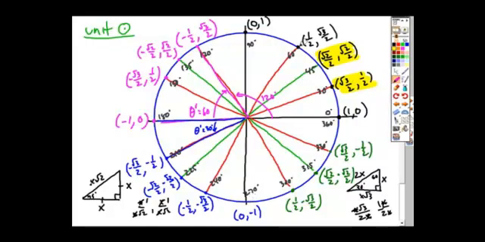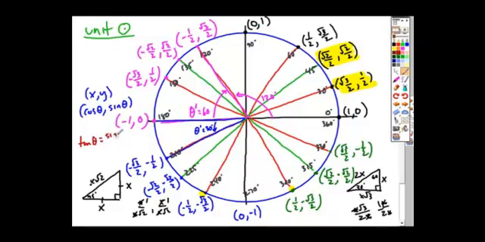Okay, and then all you need to do is find the pieces that are opposite them. So here, using the reference angle of 60 degrees, we have a negative 1/2 and a positive root 3 over 2. Using that same reference angle of 60 degrees down here, we have a negative 1/2 and negative root 3 over 2 down here.